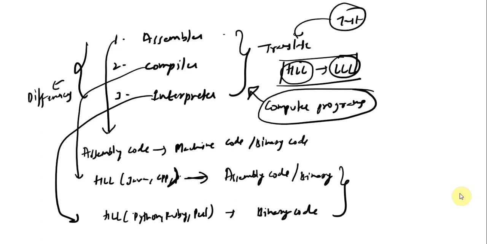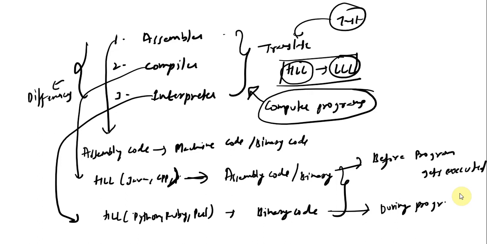In the case of the compiler, this translation is done before the program gets executed. And in case of the interpreter, this translation happens during program execution. So that is the difference between a compiler and the interpreter. There are some other differences as well.